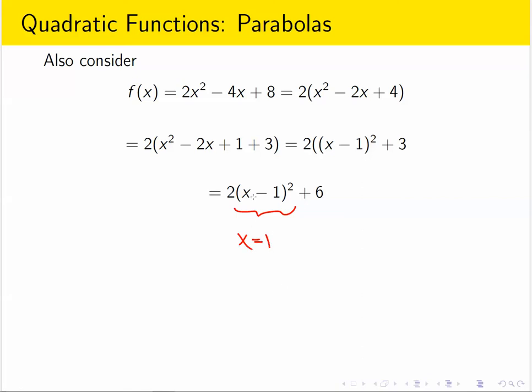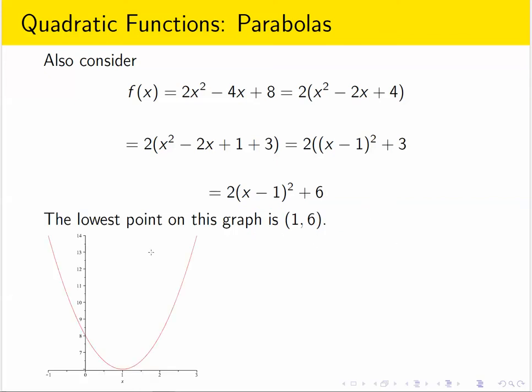And if I put in a 1, this whole thing will be 0, and the output will just be 6. 0 plus 6. So x equals 1, y equals 6 is the lowest point on this graph, as we see here. Again, this lowest point lines up with x equals 1, and right here, this is y equals 6.